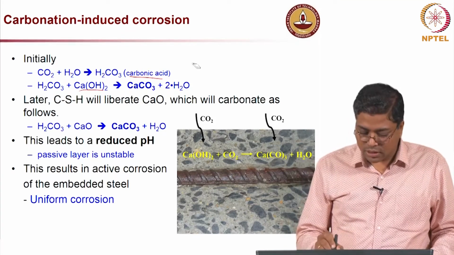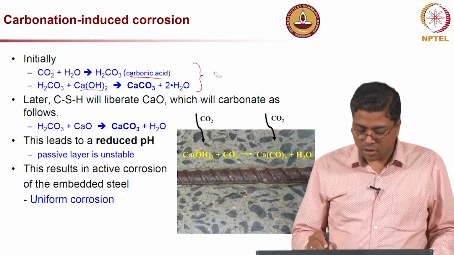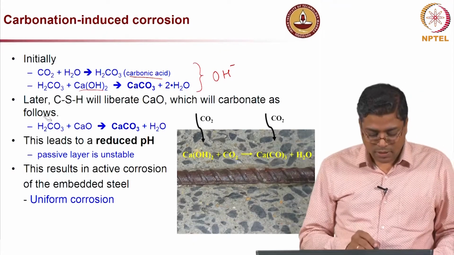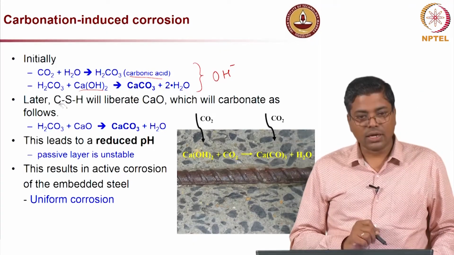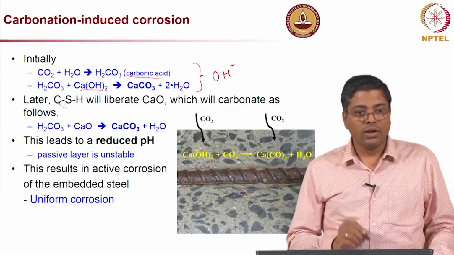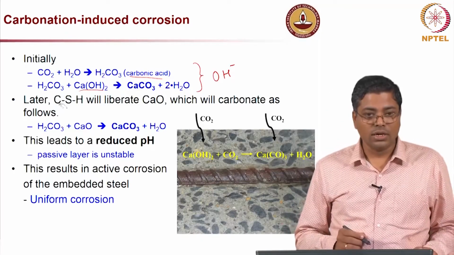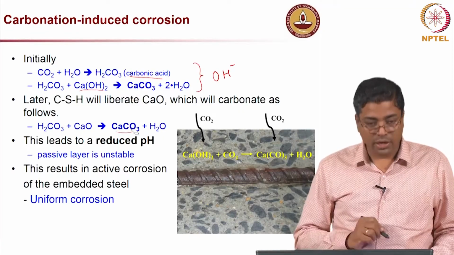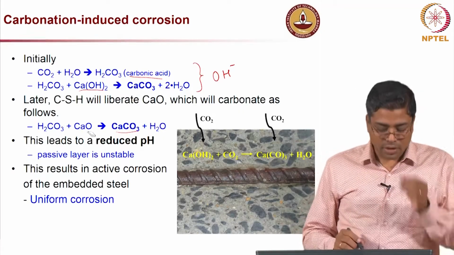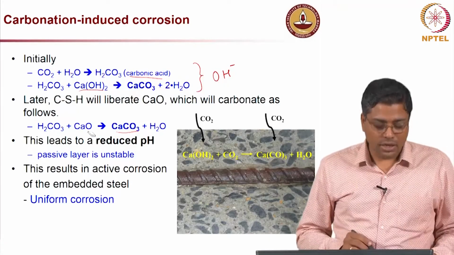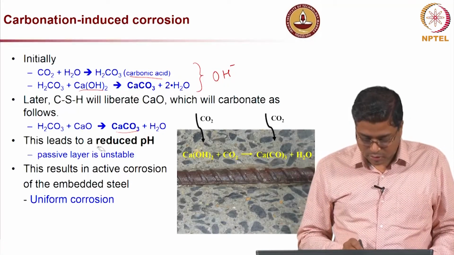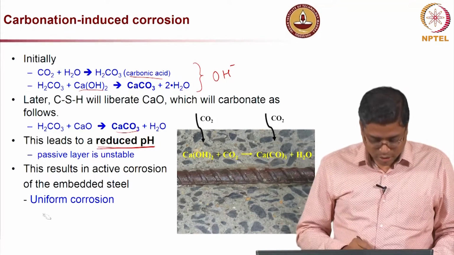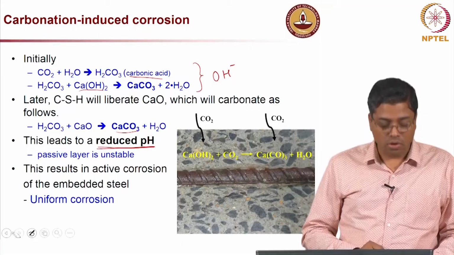So eventually in this reaction there is consumption of OH minus, and at a later stage the CSH, or calcium silicate hydrate, will also liberate calcium oxide, and it will also lead to formation of calcium carbonate. So effectively you have a significant reduction in the pH of the concrete, which leads to a case where steel is no longer protected.